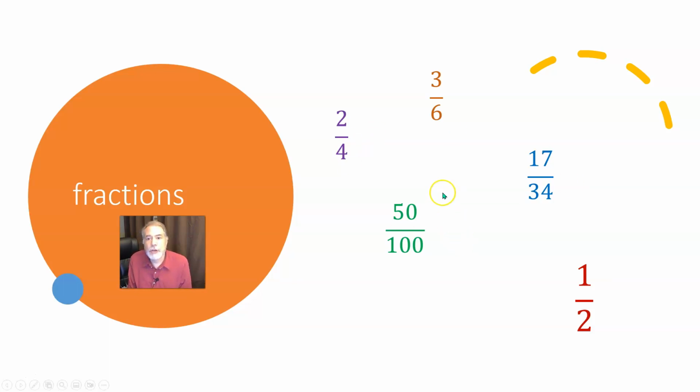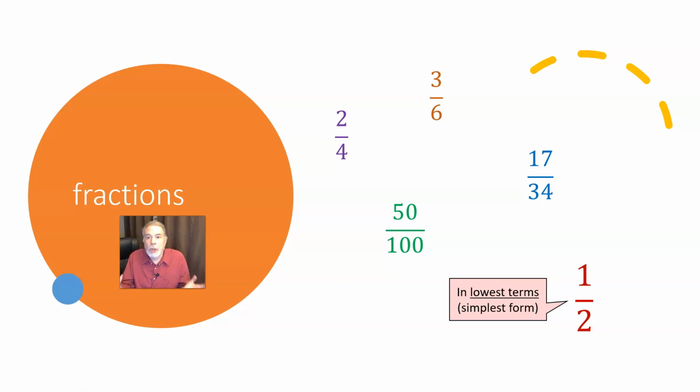If you were thinking in terms of percentages, you might like your number to be written as 50/100, because then you can right away see, oh, that means 50%. But for most cases, probably the best or simplest way of writing this particular number is to write it as 1/2. That way it's in lowest terms or simplest form.